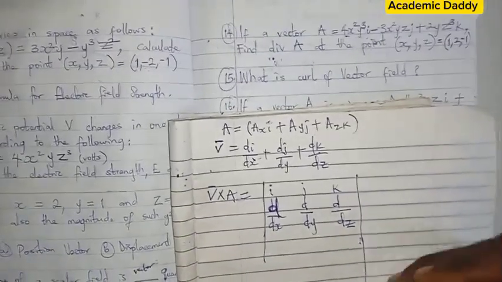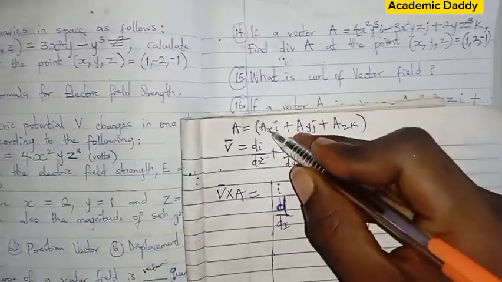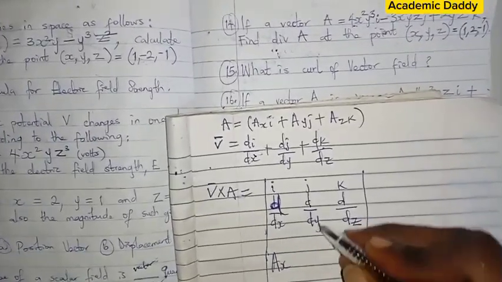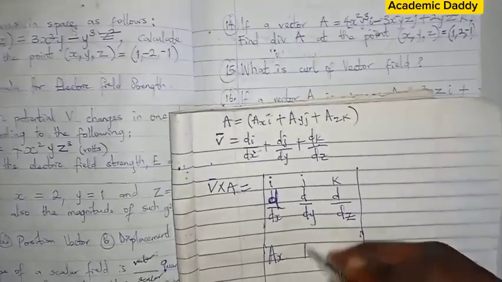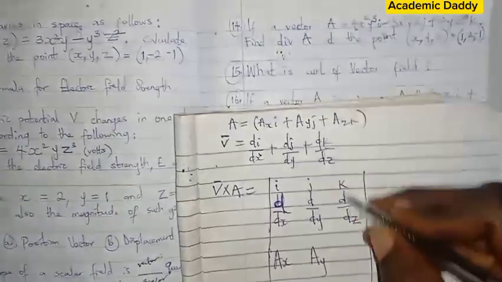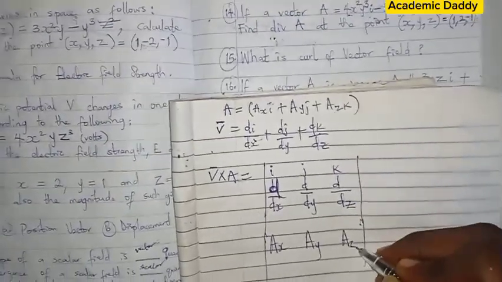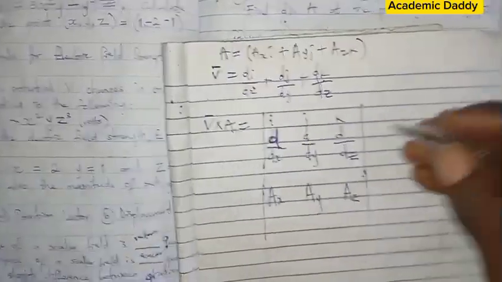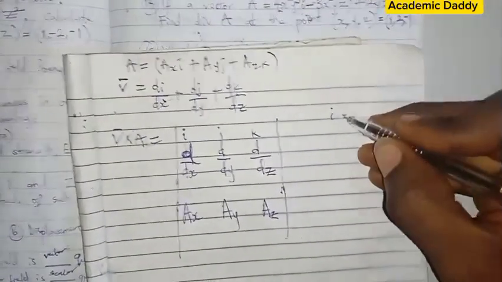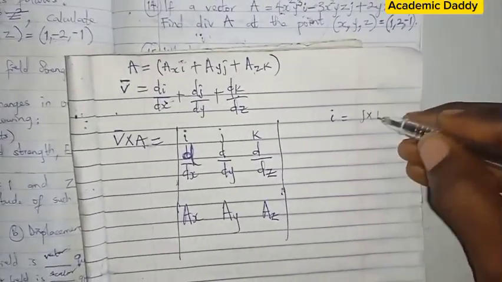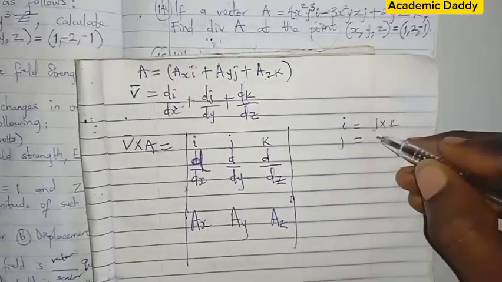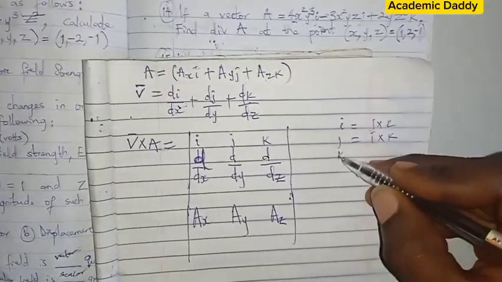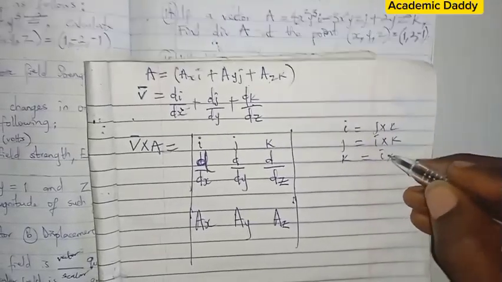Then A itself is AX i, so here is going to be AX, then here AY, and under this AZ. When we put this together, we remember our principle: to get i is simply j cross k, to get j is simply i cross k, and to get k is simply i cross j.